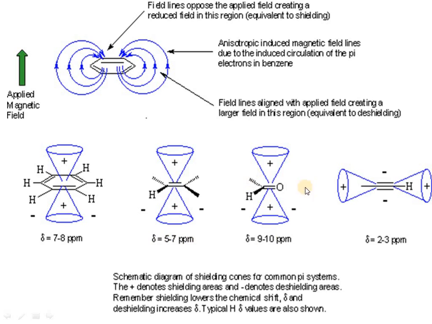And aldehydic protons come under the more deshielded region, so they show at 9 to 10 ppm. And the alkynyl protons come under the shielded region and they show signal at 2 to 3 ppm.